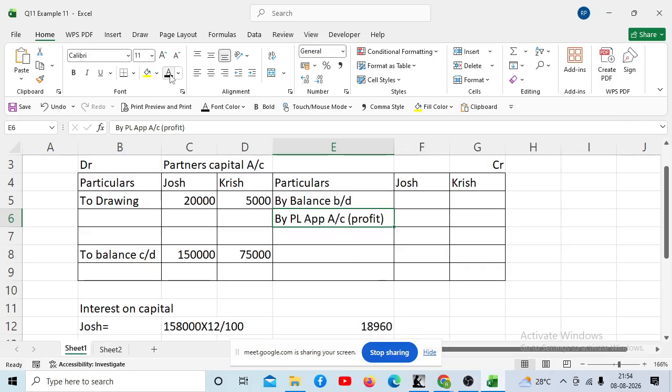You know how to calculate, right? 16,000 into 3 divided by 4. 12,000 for the first one. What about the second one? 4,000.